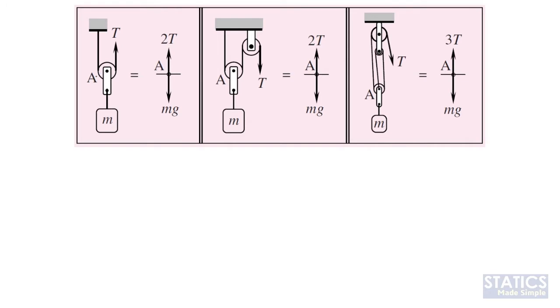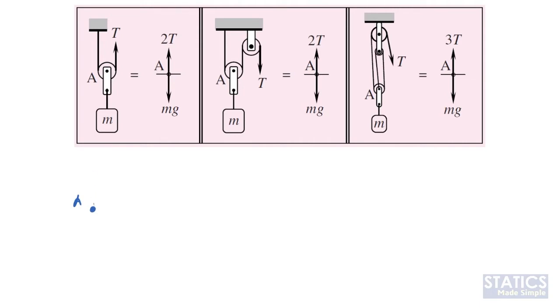Let's say in this case we have point A, the pulley is located at point A, and at the same point we have a mass attached to it. If we draw the free body diagram of point A, we know we have two cables attached to the pulley. This is basically the same cable, so you have the same tension.